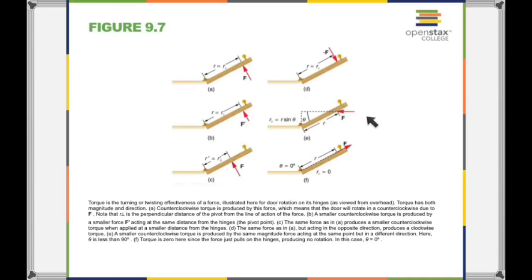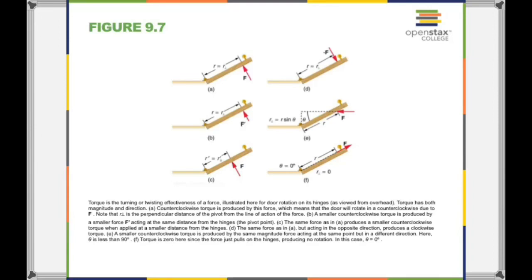Now, if you look at this diagram, you understand that the force is being applied along this line. This is the line of action of the force. And so the perpendicular distance from the axis is this one, which is really small. Now, the extreme case of this would be if the line of action of the force is acting in this way.